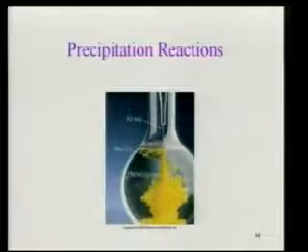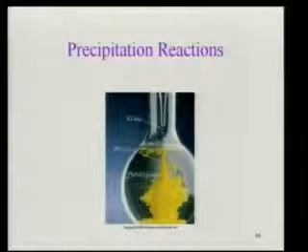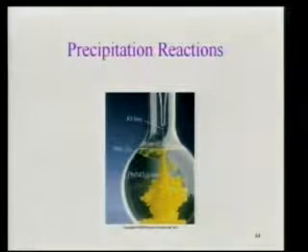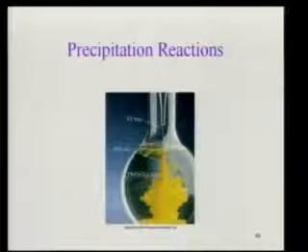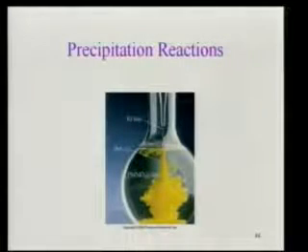We know now from our solubility rules that one of the options was potassium and nitrate, but that's a double whammy because all nitrates are soluble and all potassium compounds are soluble, so that's for sure not going to be insoluble. The only other option was this, PbI2, lead 2 iodide, and in that case, I know it probably didn't list it on that sheet, but that would be an insoluble compound. So that explains what we saw.